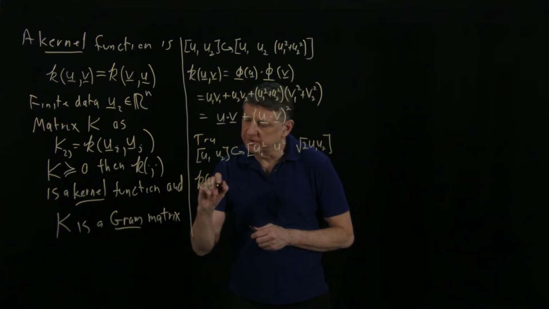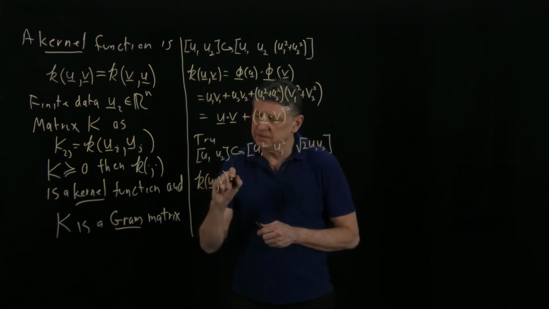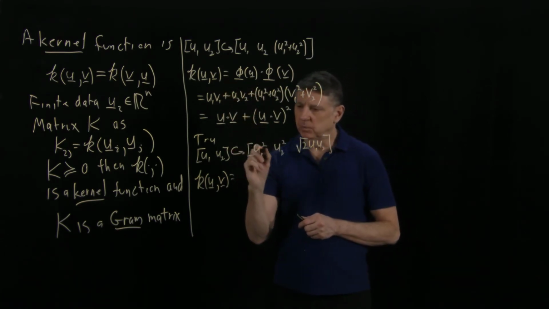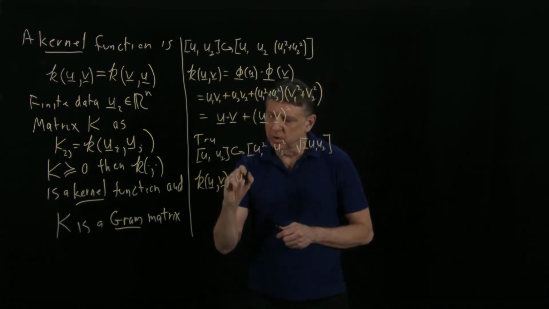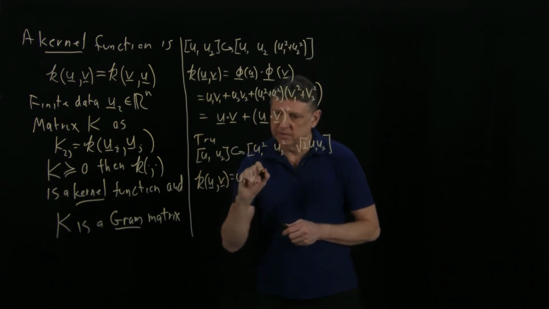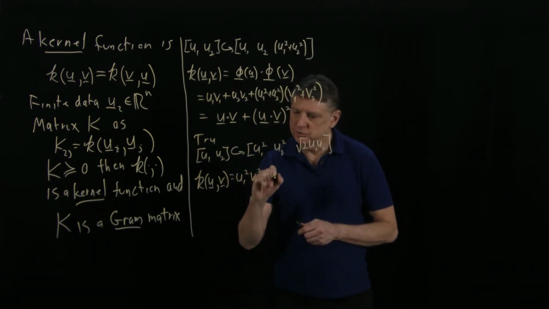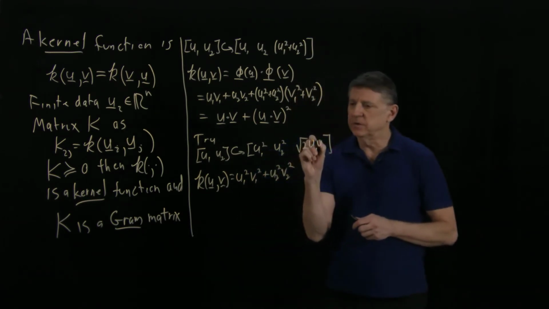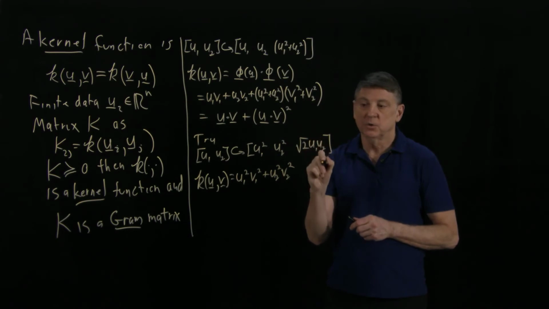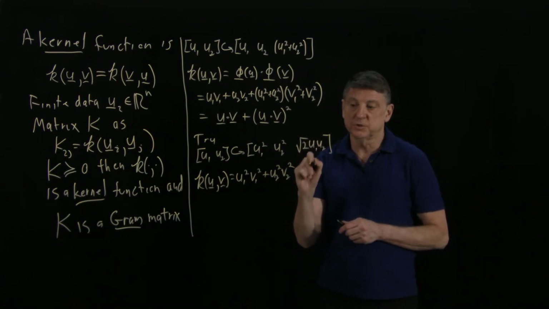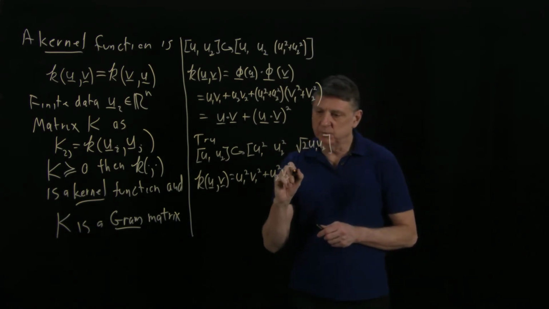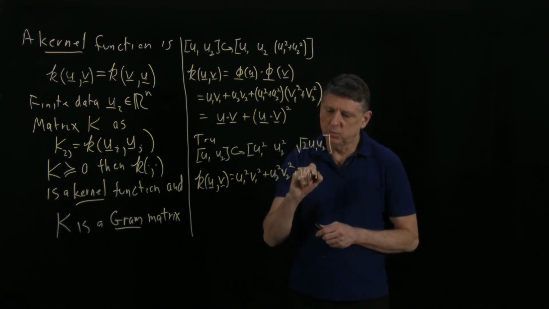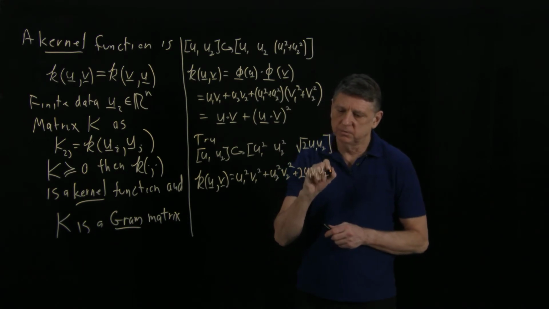Given observation U and observation V, it is going to be the dot product, which will work out to be U1 squared V1 squared plus U2 squared V2 squared, and then when I take the dot product of this against root 2 V1 V2, that will be plus 2 times U1 V1 U2 V2.